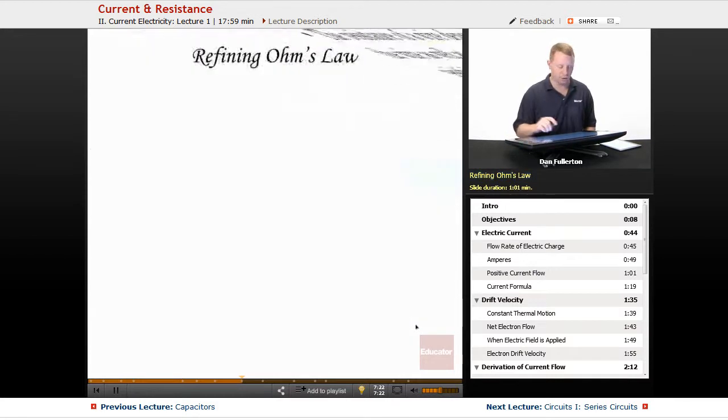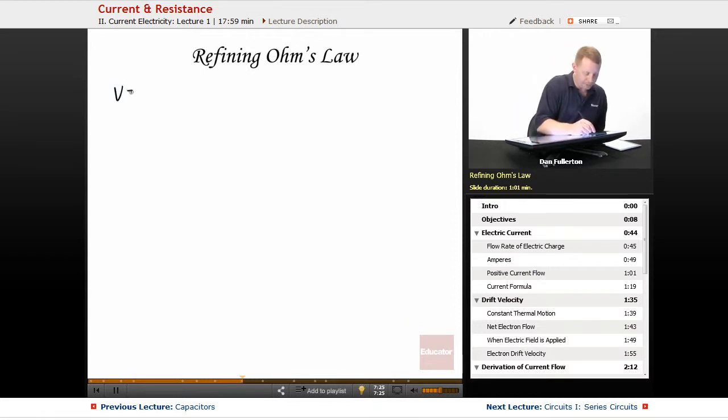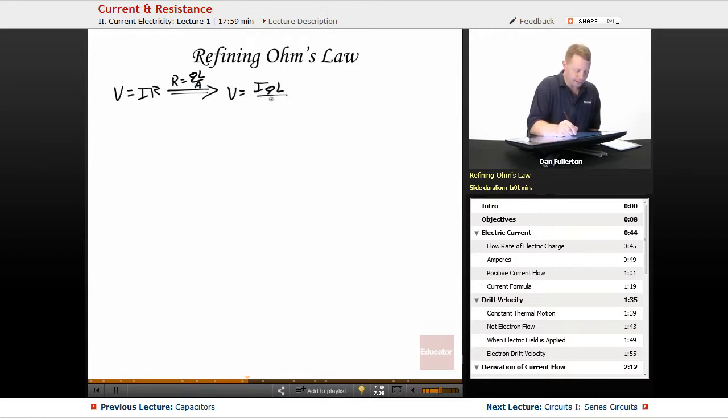Let's see if we can't refine Ohm's law just a little bit. If we start with V equals IR, but we also just said that R equals rho L over A for a cylindrical resistor, then we have V equals I rho L divided by A. But we also know, because we have a uniform material, that the electric field is going to be the potential drop divided by the length, that our electric field then is going to be rho times I over A. But this I over A, current per area, well, that's the current density.